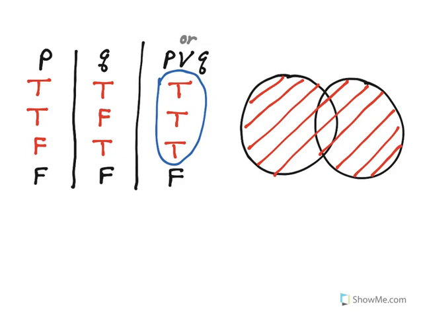Okay, so the next thing I want to talk about is going to be conditional statements. Implication, logical implication. So for this particular truth table, we're going to start with our P and Q, and the third column is your conditional statement, and basically that reads if, then.